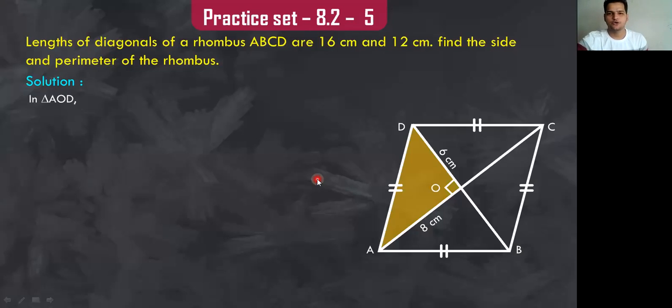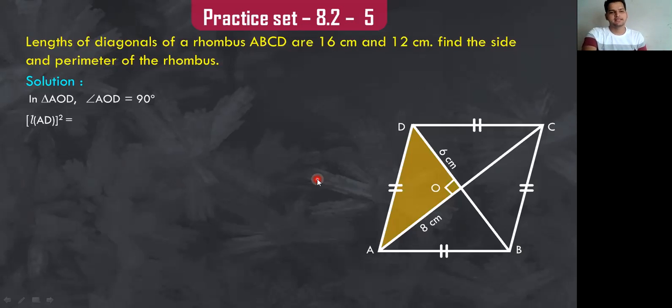In triangle AOD, angle AOD is 90 degrees. How is it 90? The diagonals of a rhombus are perpendicular bisectors of each other. So let us apply the Pythagoras theorem on triangle AOD.